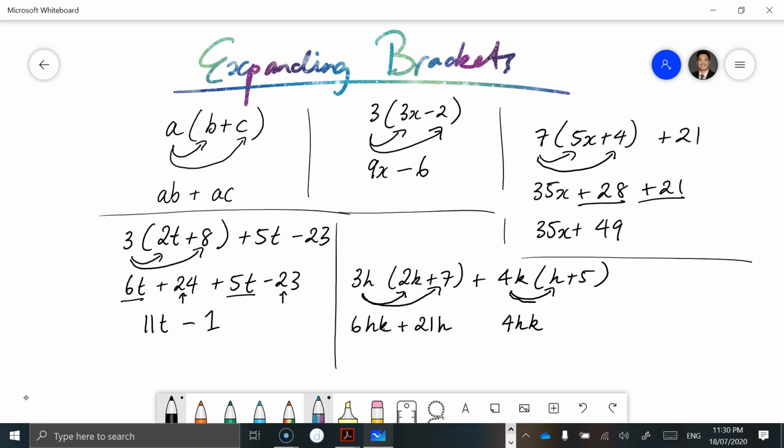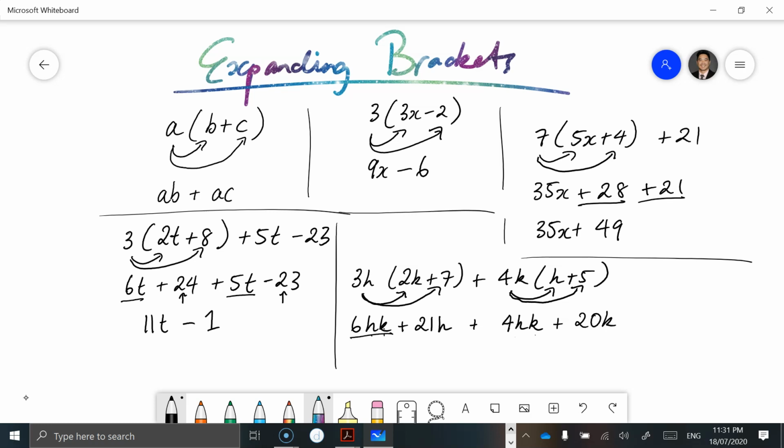And then 4k times 5 is going to be 20k. All right. So then we look at these four terms, and now that we've expanded the brackets, it's all outside of the box, we need to combine like terms. So what we have here is an hk and another hk.